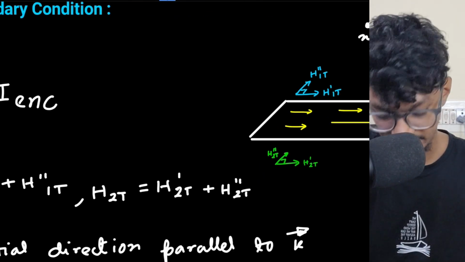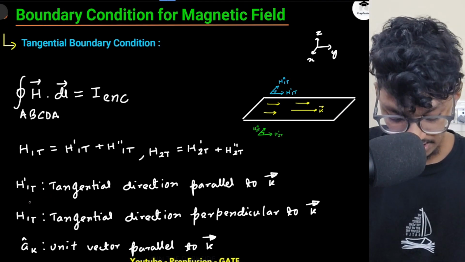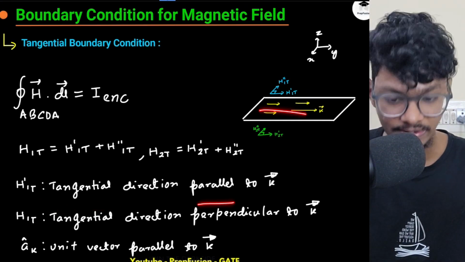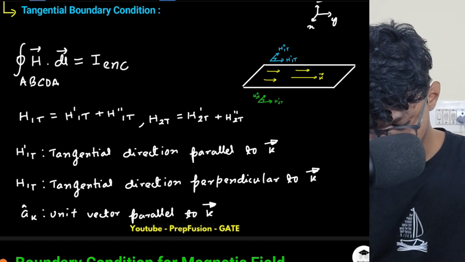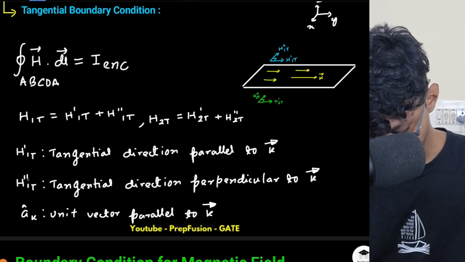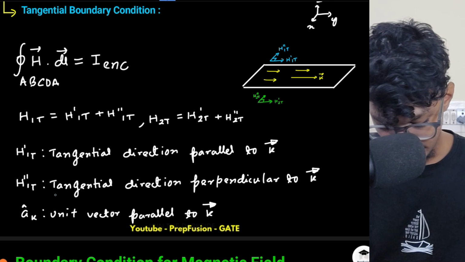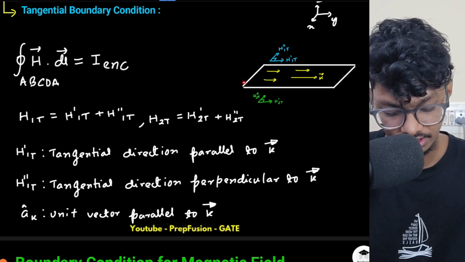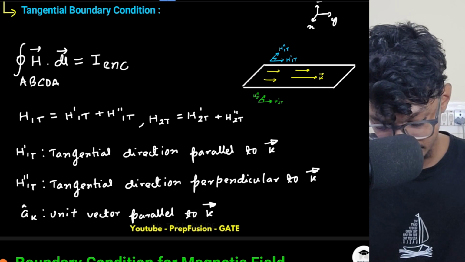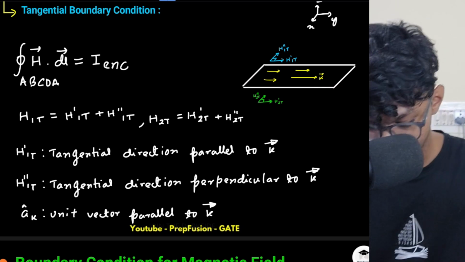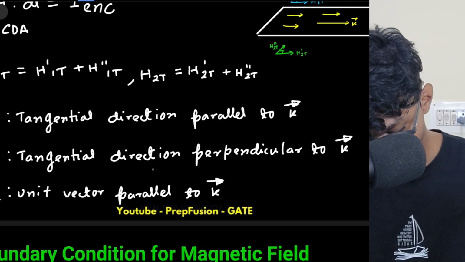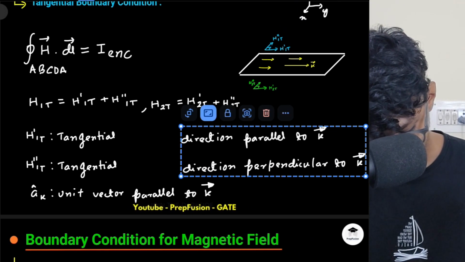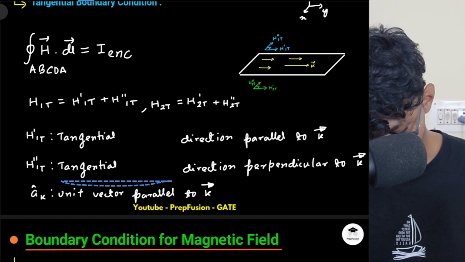Okay. Now this has been defined. This has been written here as well. H1 dash t is the tangential direction parallel to K, and this will be h double dash t. H1 double dash t is the tangential direction perpendicular to K, but this is also tangential to the surface. Tangential to the surface, right? I should have written here tangential to the surface. Will I have enough space? That is the question of the century.